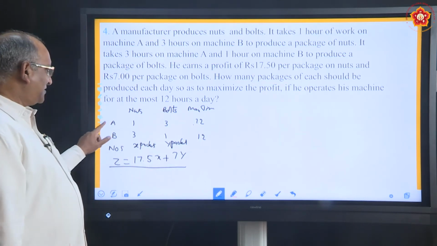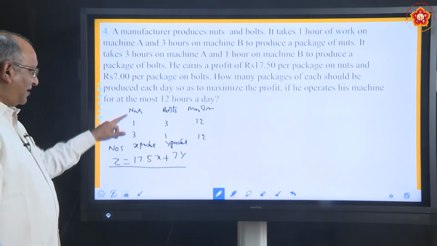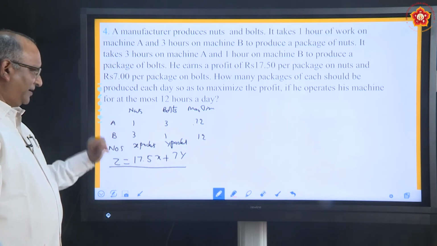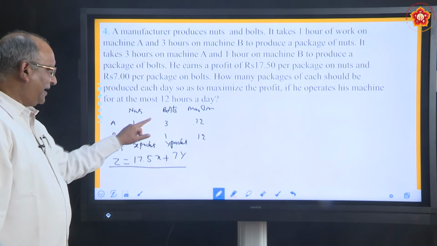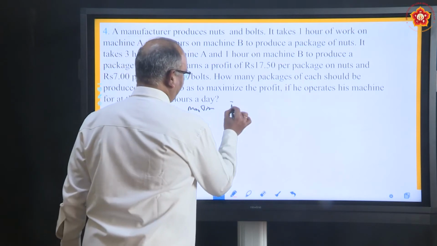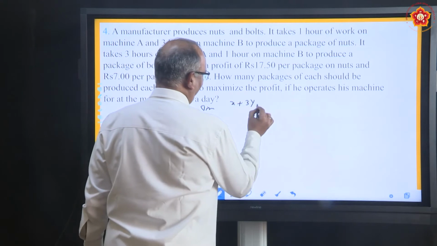For example, machine A, how many packets of nuts is he making? X packets. So how many hours? X into 1. How many packets of bolts? Y. So how much on A? It is 3 into Y. So it will be X plus 3Y less than or equal to 12.